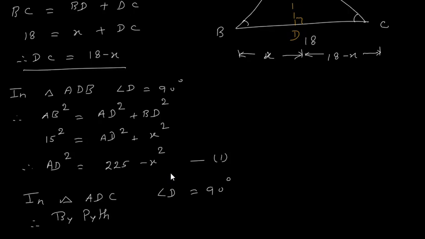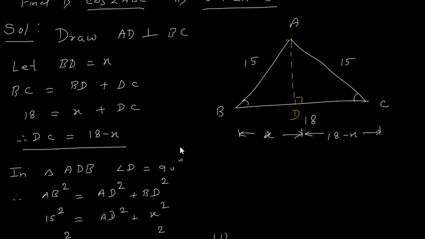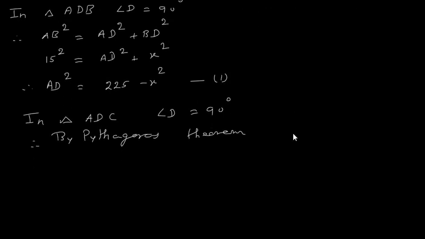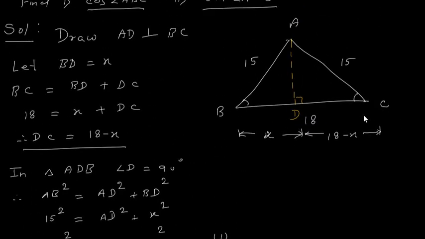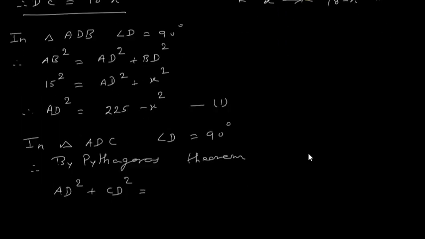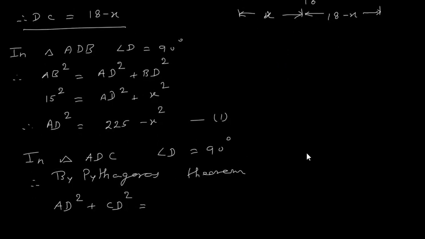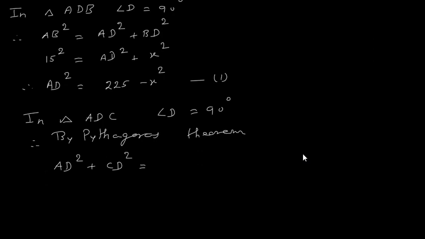So by Pythagoras theorem, AD square plus CD square is equal to 15 square. But why are we doing such a long step?